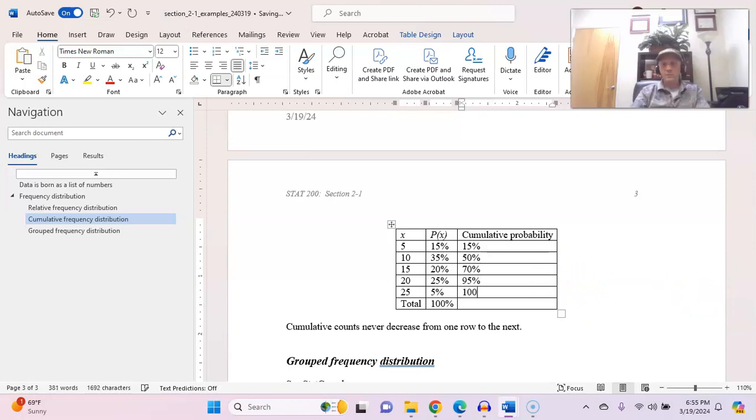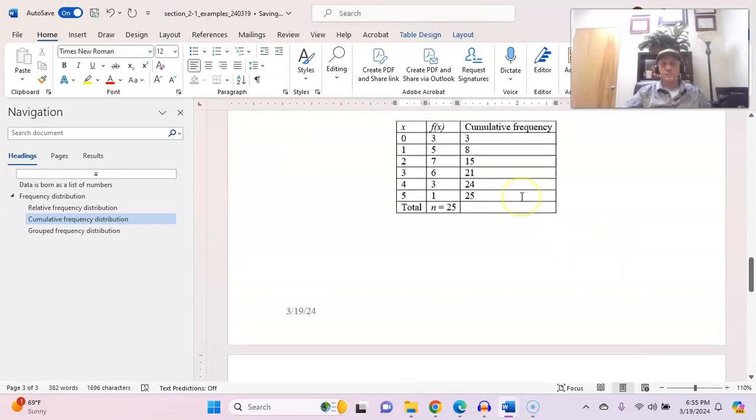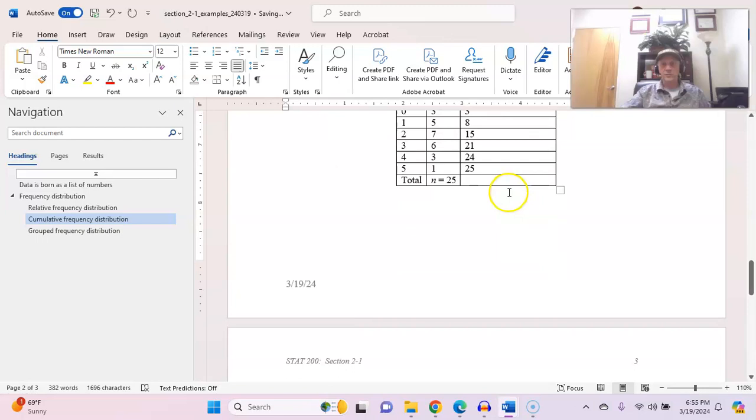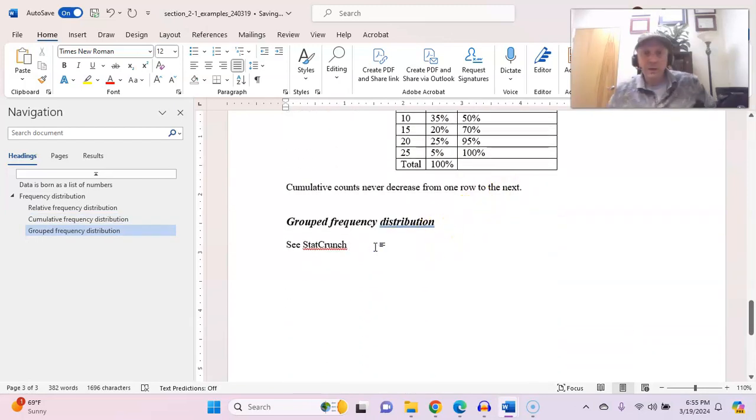By the time you're done, you should have 100% of the list accounted for. Again, this topic isn't going to be a big part of the class, but it does come up in the online version of discussion 2. Okay, finally, what is a grouped frequency distribution?